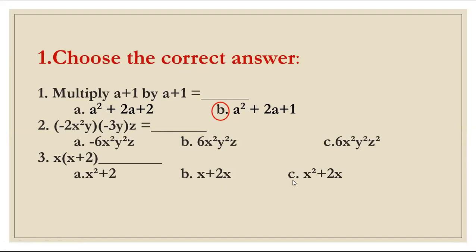Now what about question number 2? Aisha, is it clear now? Students are saying Sheroz, Abdullah, Rida, they are saying option B. Ali, is everything clear?